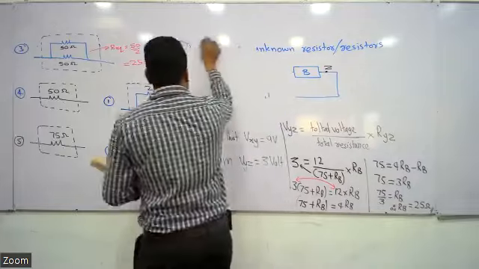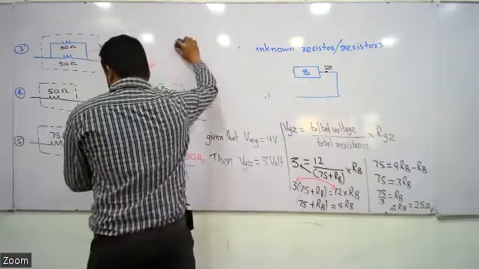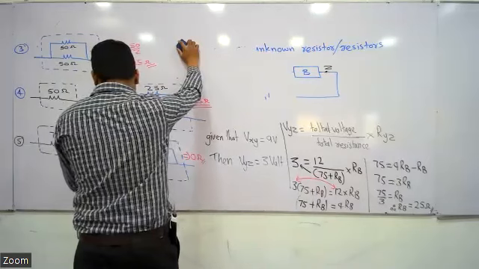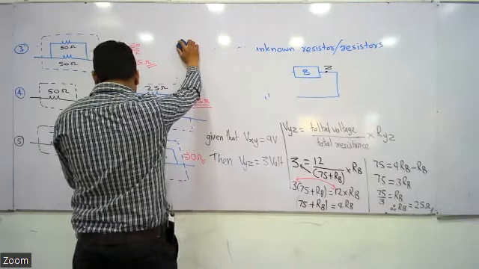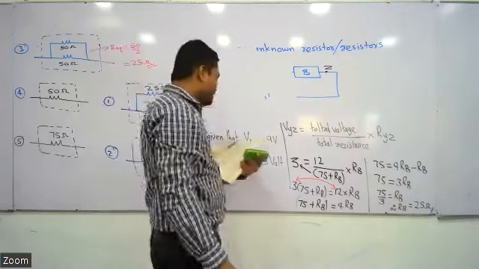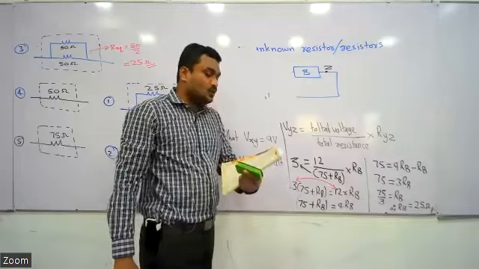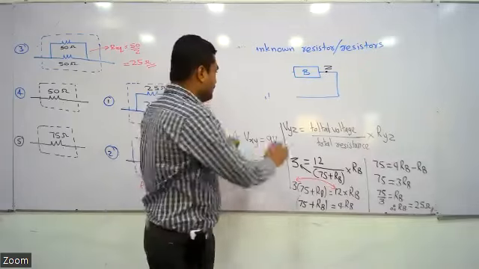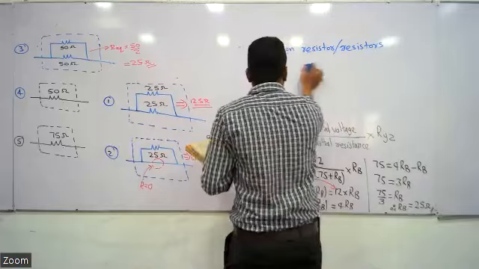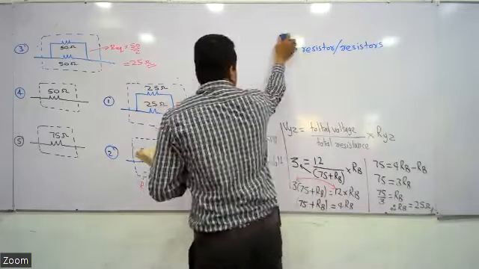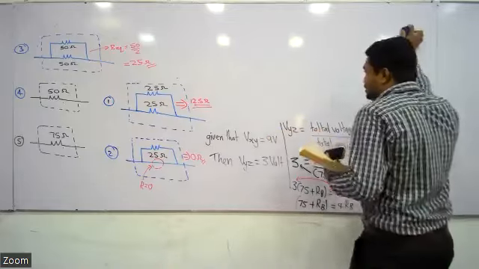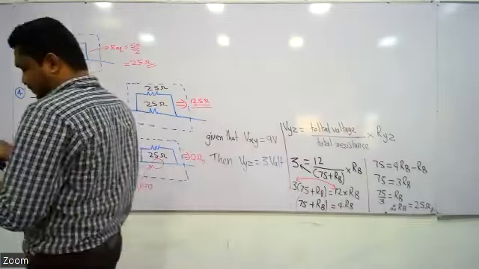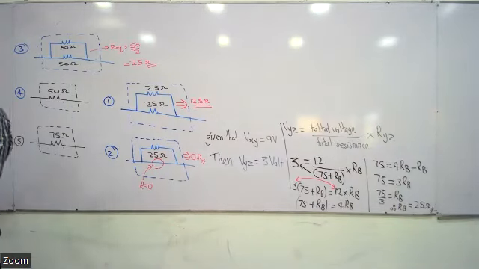Question number 47. The diagram shows the resistance (AB), an ideal voltmeter and an ideal ammeter connected to a voltage source. Full stop.